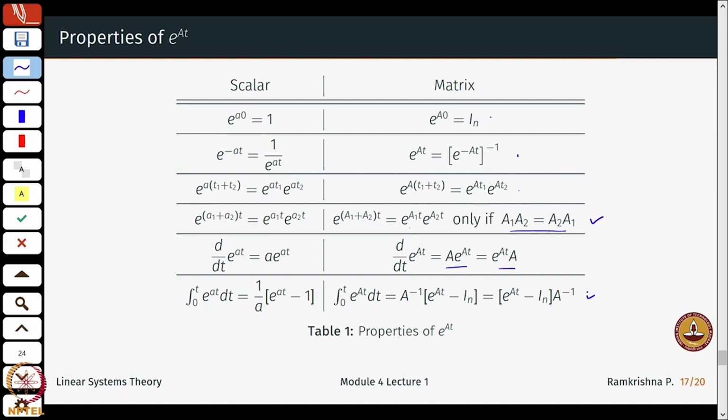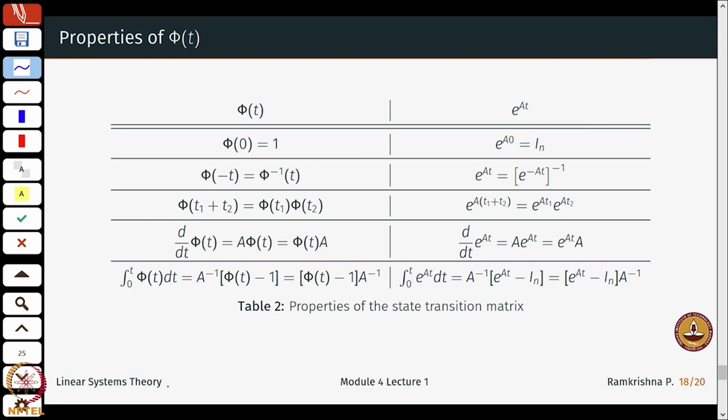Now, the scalar case is actually obvious to relate. In general, if I am talking about a time varying case, instead of e power At I will just have some state transition matrix called phi of t, which has its own set of properties.